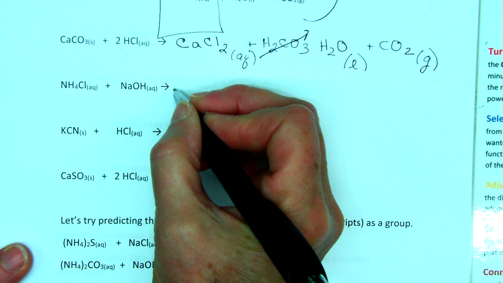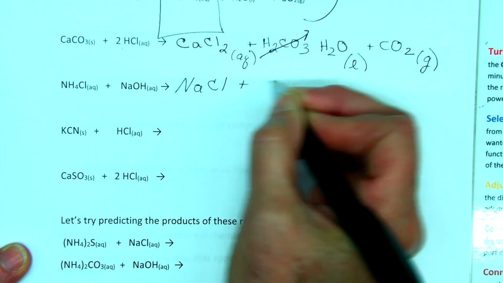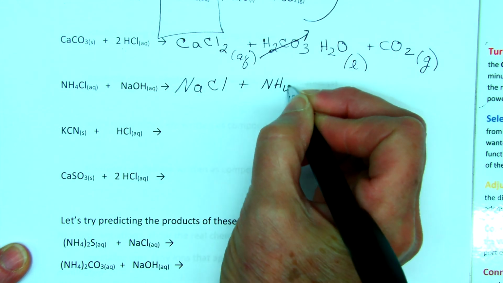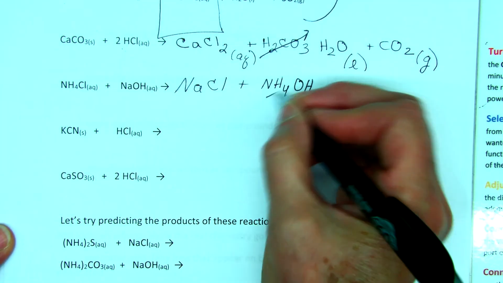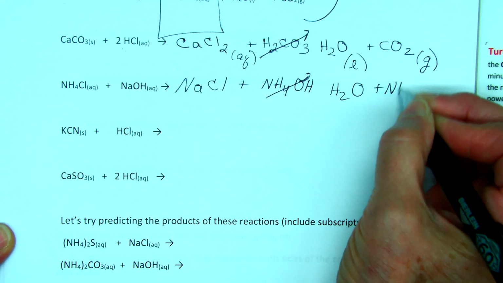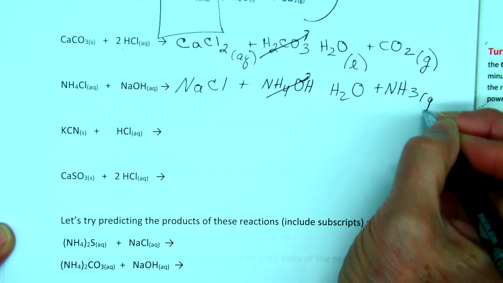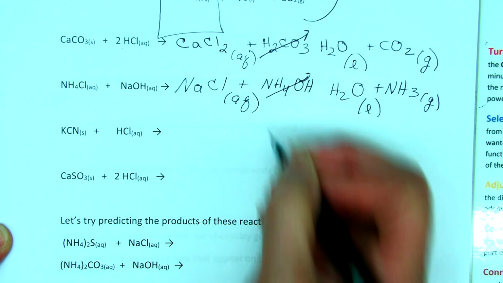Ammonium chloride and sodium hydroxide. I make sodium chloride plus ammonium hydroxide. Ammonium hydroxide breaks apart, and what I really get is water plus ammonia gas. Water is a liquid. Sodium chloride is aqueous.